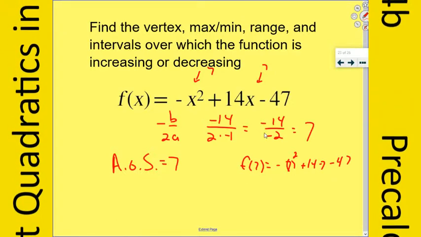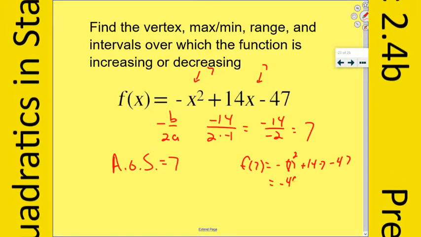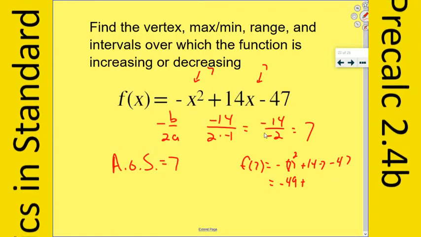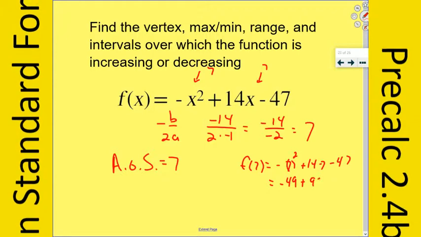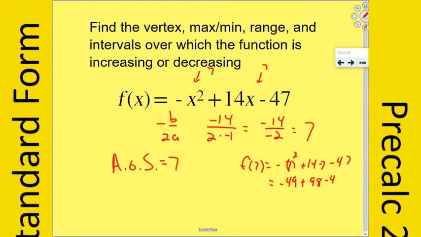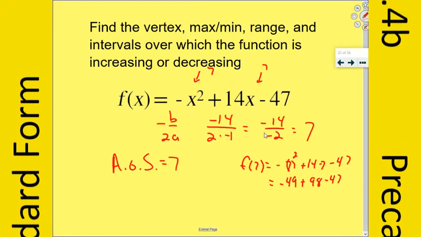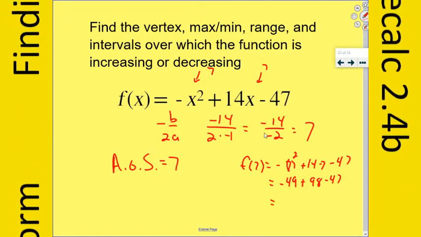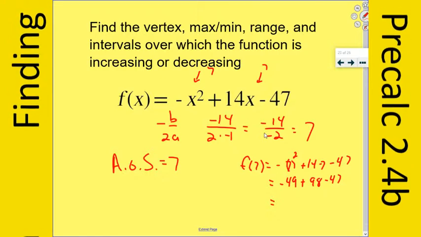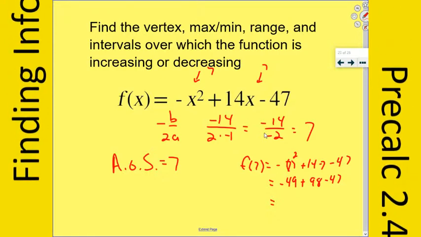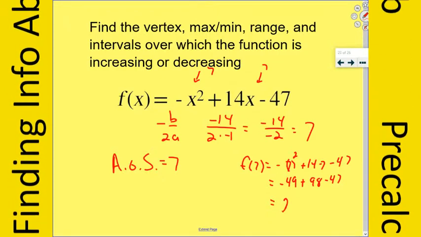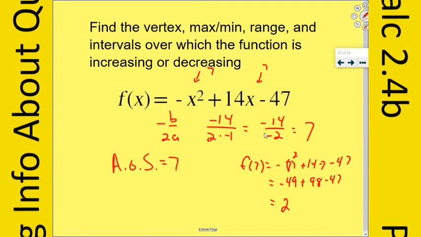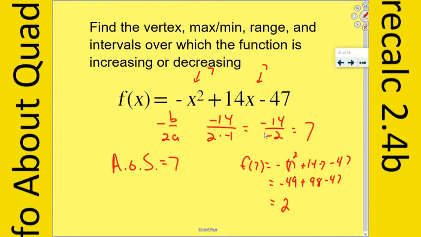So that is negative 49 plus 14 times 7, which is 98, minus 47. So 98 minus 47, I think this is 2. Seems reasonable, 49 plus 47 is 96, yeah.